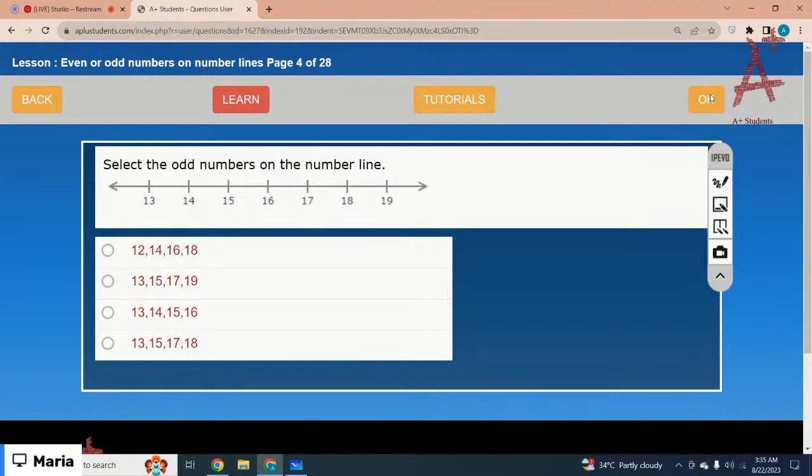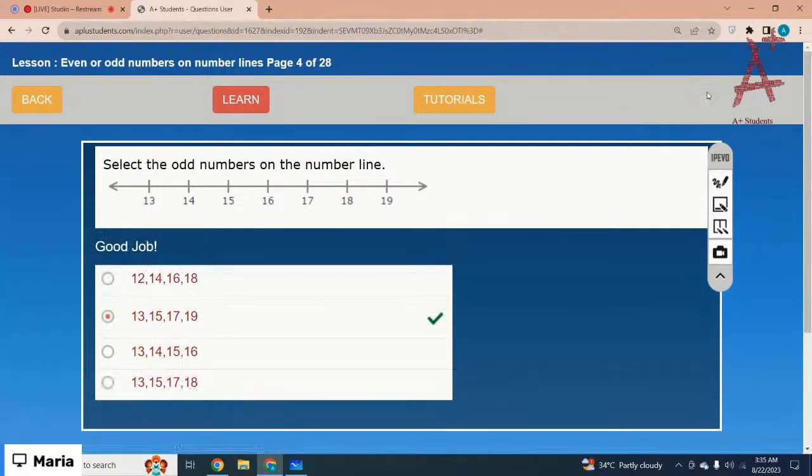Select the odd numbers on the number line, which is the correct option. They are 13, 15, 17, and 19.